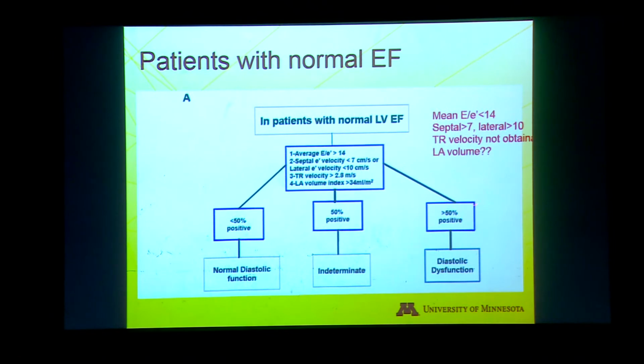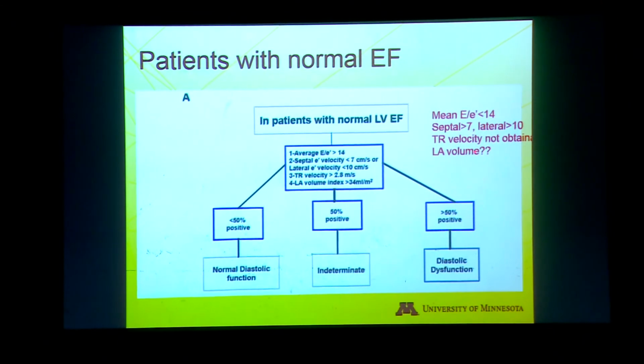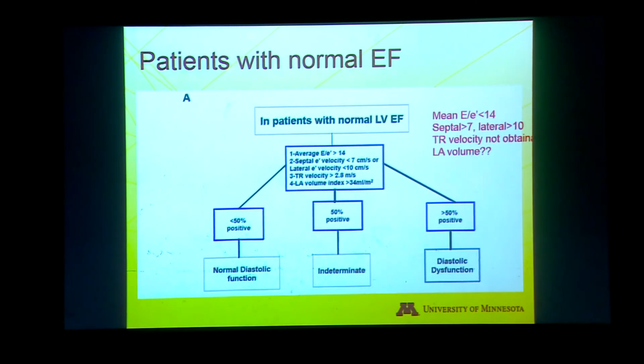So E by E prime less than 14. The guidelines say if it's more than 14, that counts as something we need to consider for diagnosing diastolic dysfunction. The septal E prime is more than 7, the lateral is more than 10. We couldn't get TR velocity, we don't know the LA volume. And if you follow these guidelines here, it's less than 50% positive. The patient has normal diastolic function.